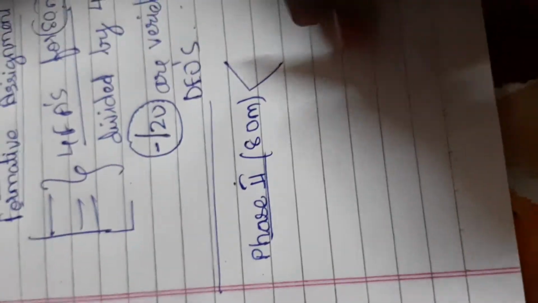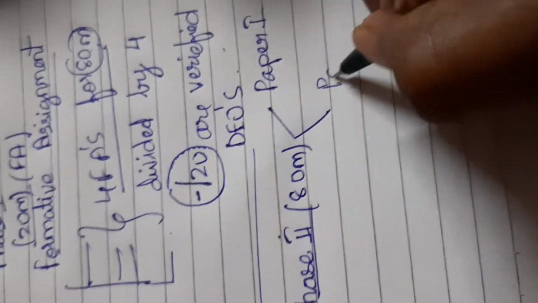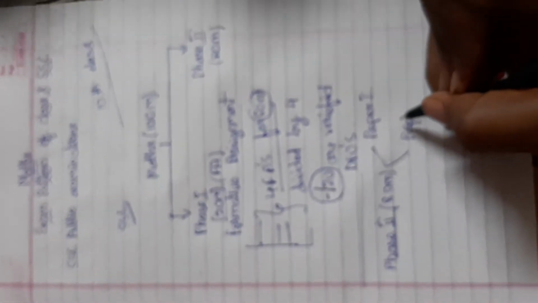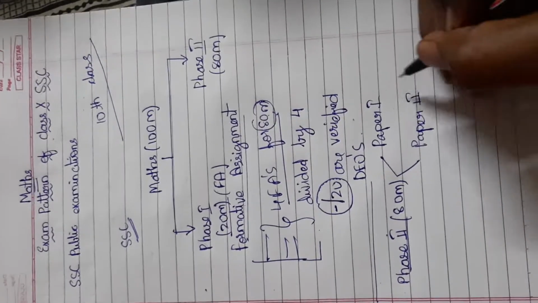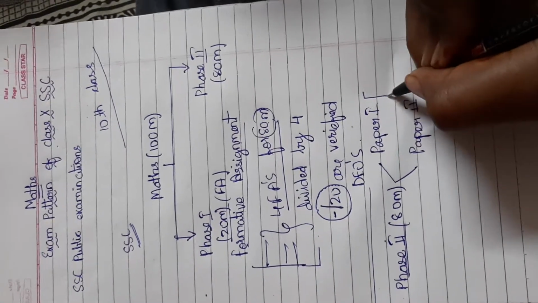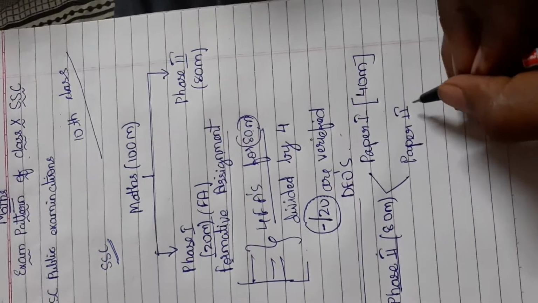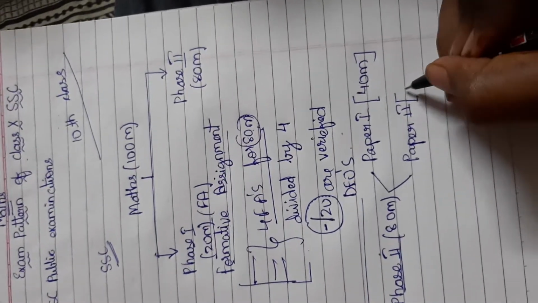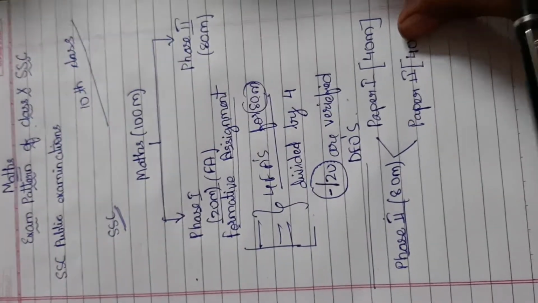Now this is divided into paper 1 and paper 2. Paper 1 is for 40 marks, and paper 2 is also for 40 marks.